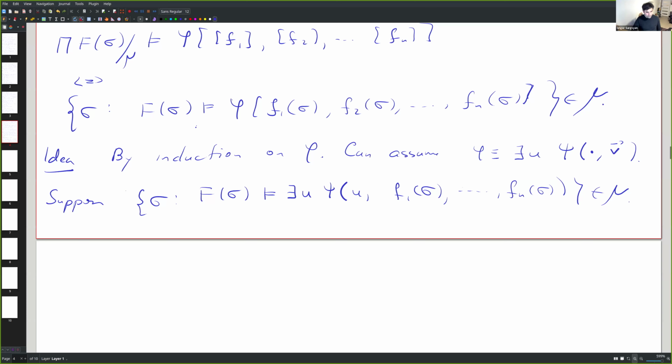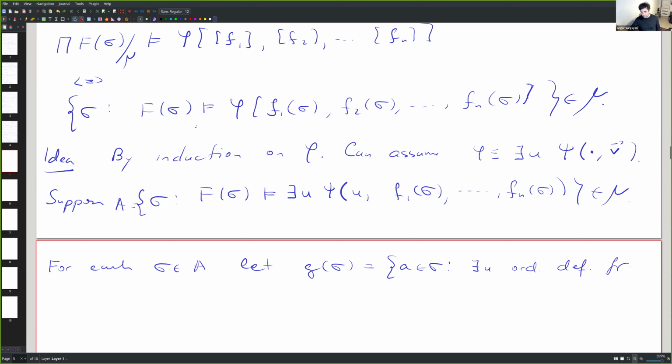So for each sigma in a, let b sigma be the set of things in sigma such that there is a u ordinal definable from a and sigma.